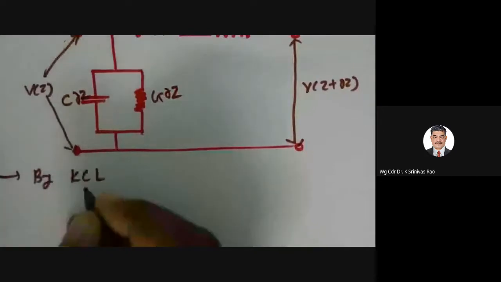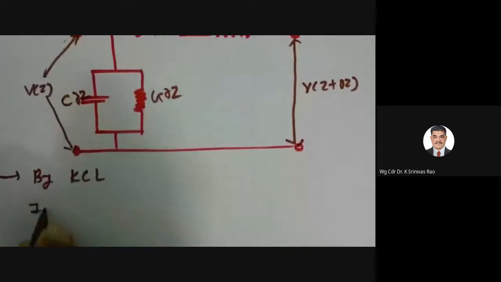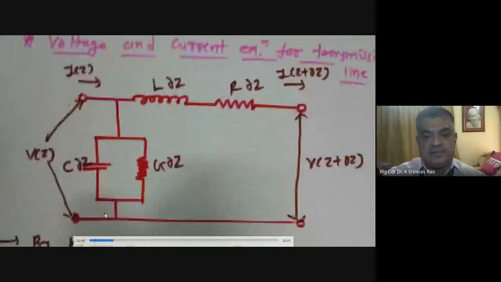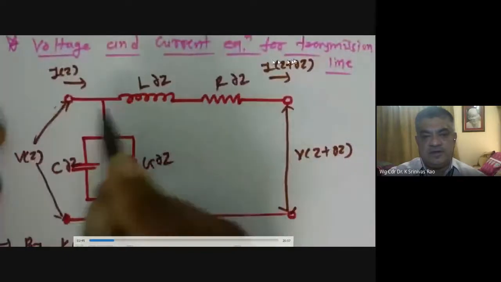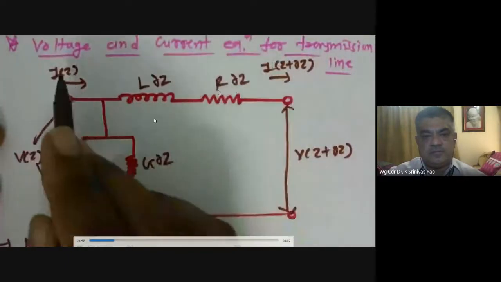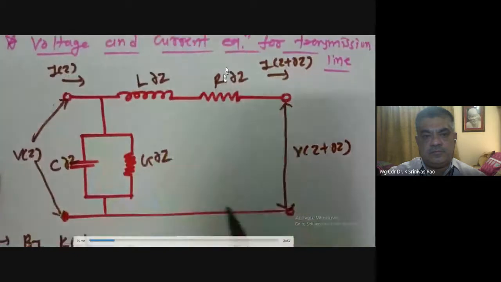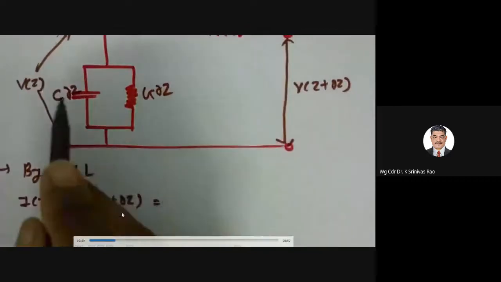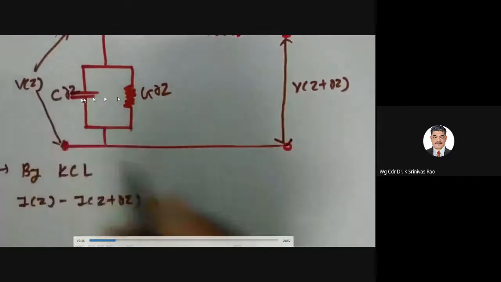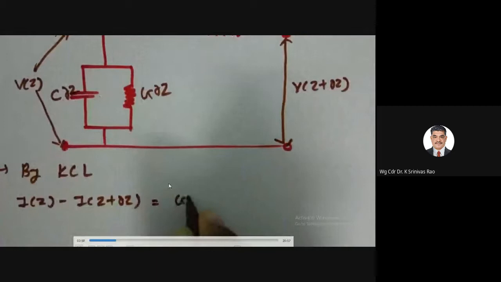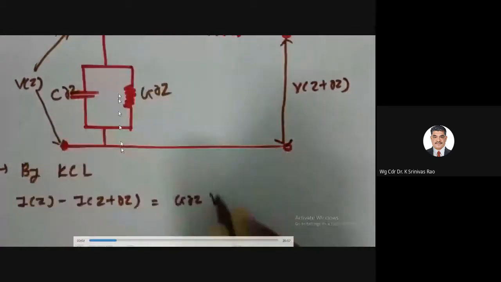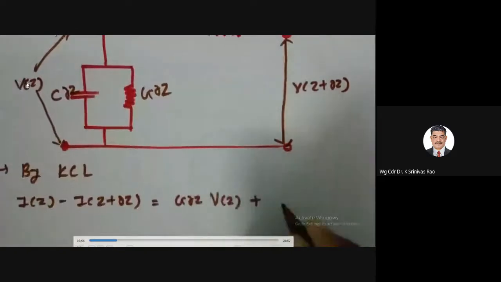Now we apply Kirchhoff's current law for the first loop. The current drop, that is I(z) minus I(z + Δz), is this current and this current, through G and C. This KCL we are applying: G Δz times the voltage V(z) is this one.